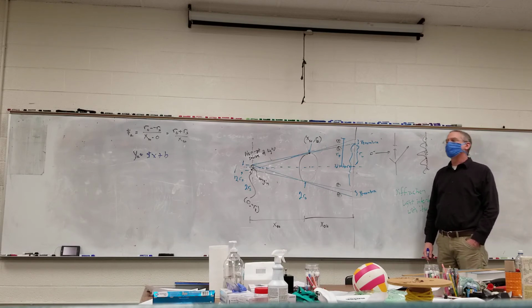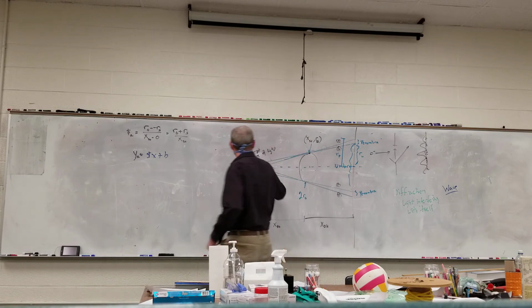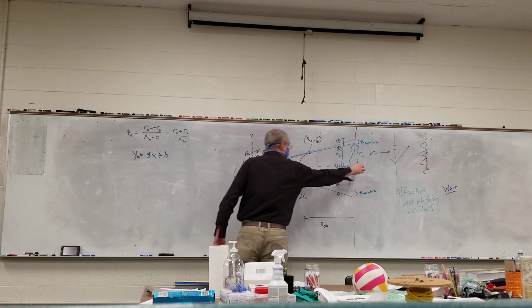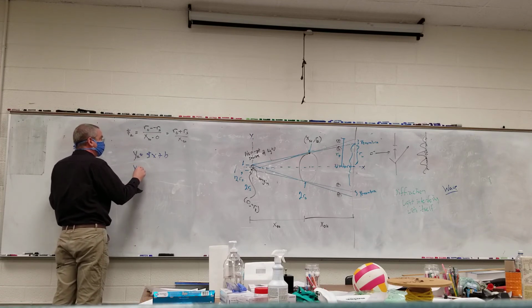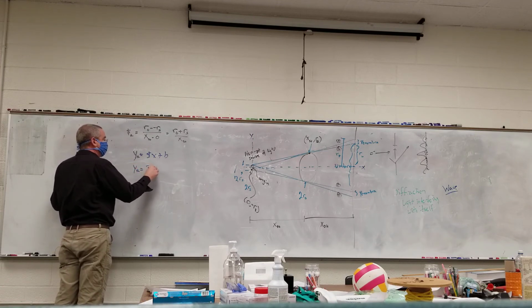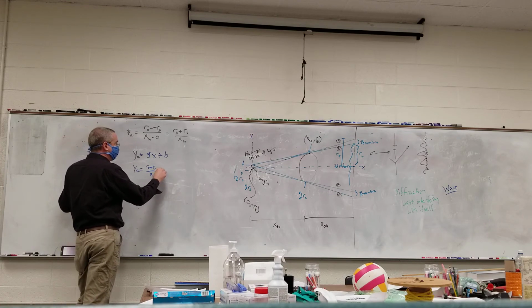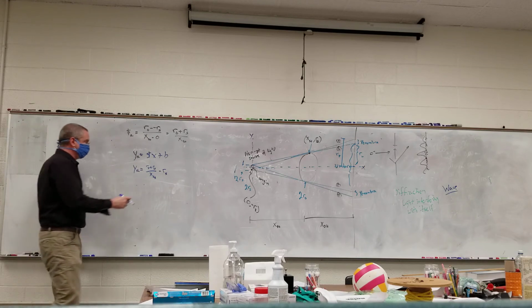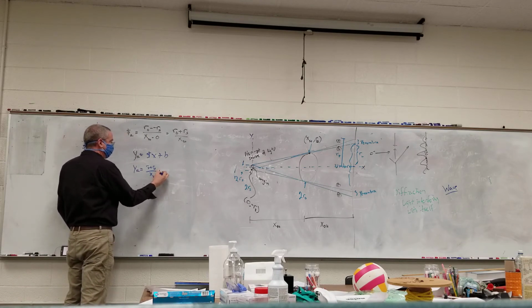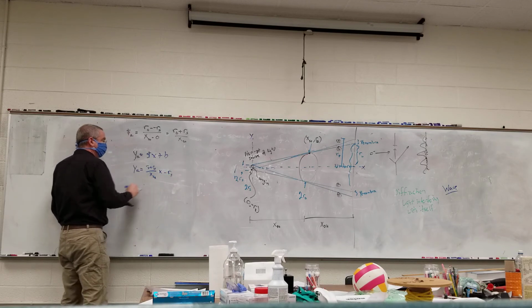Negative R sub S, because this is my y-axis right here and this is my x-axis. So y sub a is equal to (R sub O plus R sub S) over X sub SO, times x, minus R sub S.